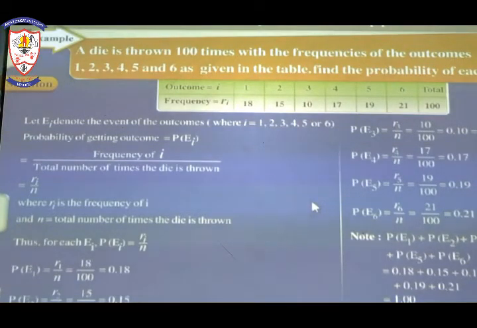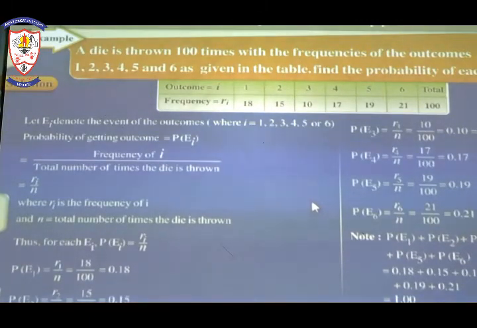So that is the general form, which is equal to the frequency of i, where i is also particular, either 1, 2, 3, 4, divided by the total number of times the die is thrown. So we can denote it by Ri upon N, where Ri is the frequency of i.